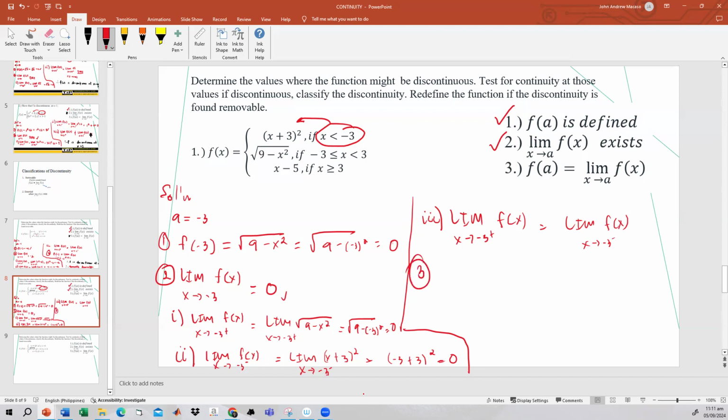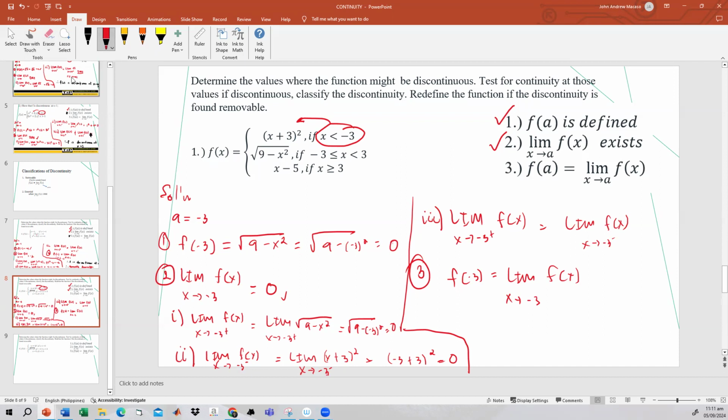Okay, how about the third condition for continuity? Is f of a, or is f of -3, equal to the limit of f of x as x approaches -3? Of course, yes, because they are both equal to 0.